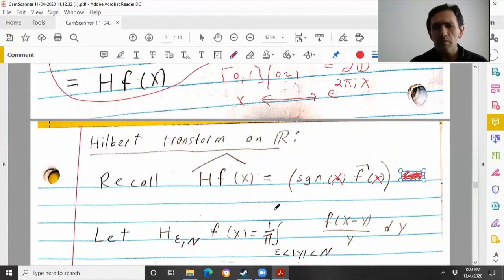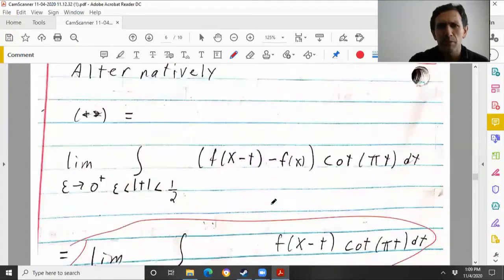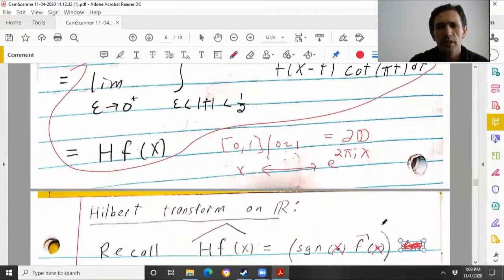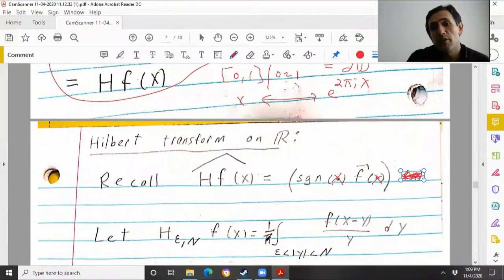So it's going to be very similar to this here, except instead of cotangent, it's going to be like 1 over pi t essentially, except for the pi. Well, actually, sorry, there is a pi.